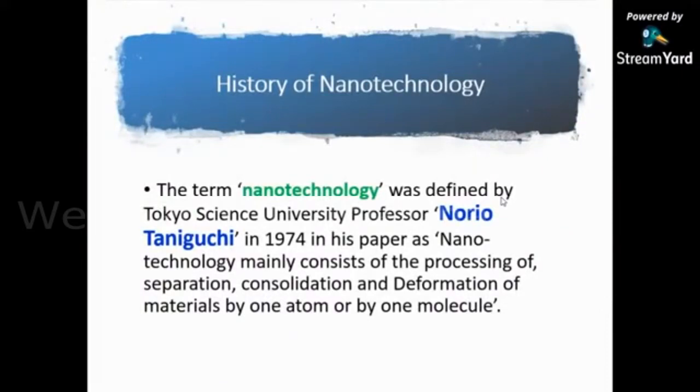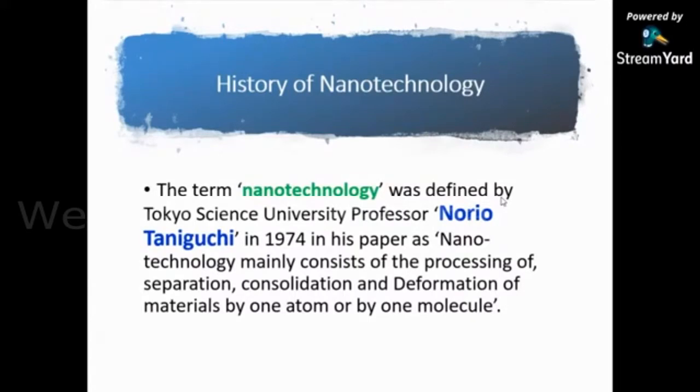Nanotechnology was defined by a Japanese professor, Norio Taniguchi, in 1974, and he mentioned that nanotechnology mainly consists of processing of separation. When we synthesize nanoparticles, it is a process.